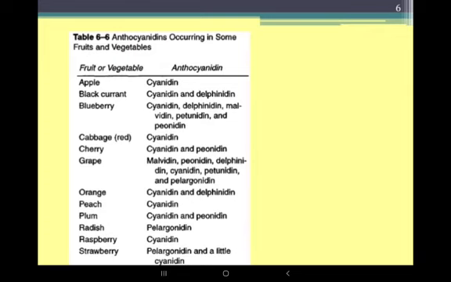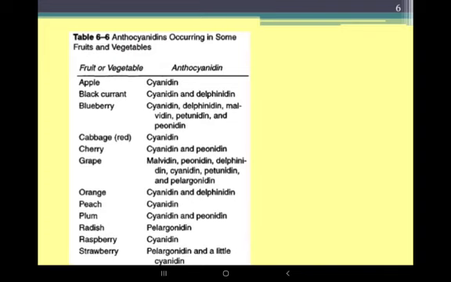Cabbage, especially red cabbage, has cyanidin. Cherry has cyanidin and peonidin. Grape has malvidin, peonidin, delphinidin, cyanidin, petunidin and pelargonidin. Orange has only cyanidin and delphinidin. Peach has cyanidin. Plum has cyanidin and peonidin. Radish has pelargonidin. Raspberry has cyanidin. Strawberry has pelargonidin and a little cyanidin.